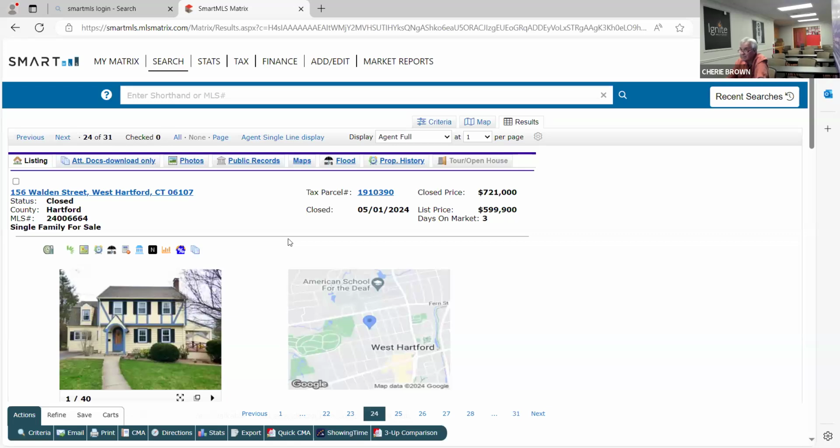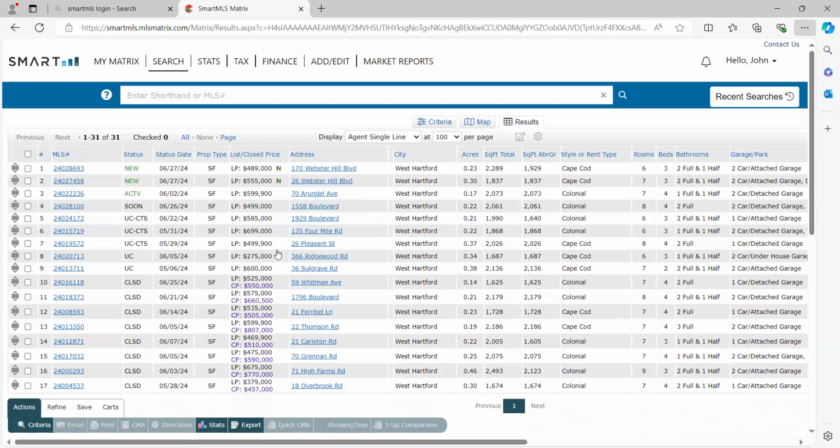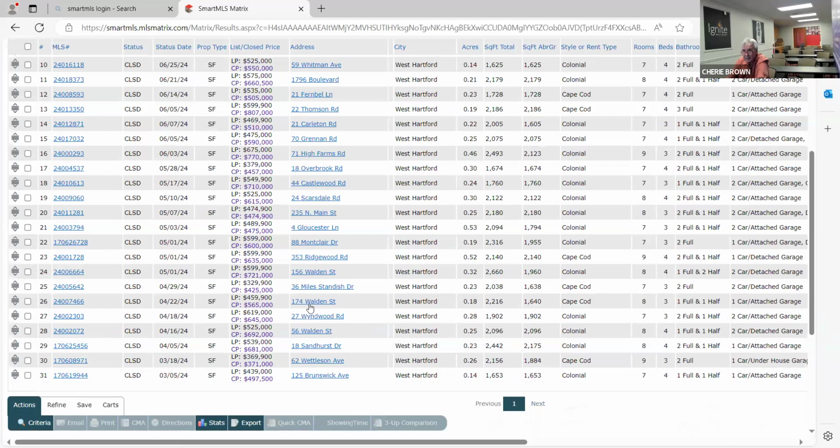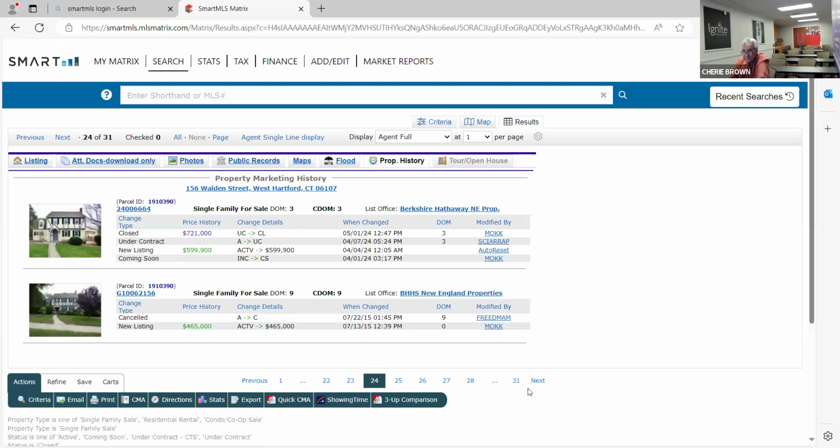You want to move to West Hartford? We can see if there's any previous property history with this one. It goes back to 2015.